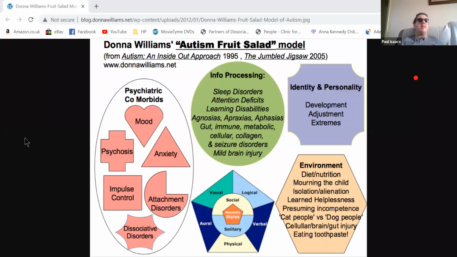Now, learning disabilities, I know in the UK, means someone with an IQ below 70, which is awful. I don't like it. But I think what Donna means is learning, what we call learning difficulties in the UK. So that can be things like dyslexia. Dyslexia is to do with a mixture of things. It's not just one thing.